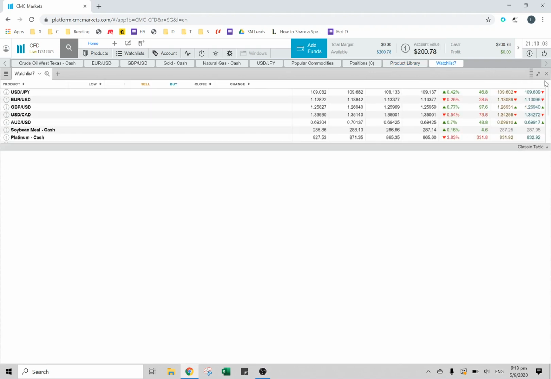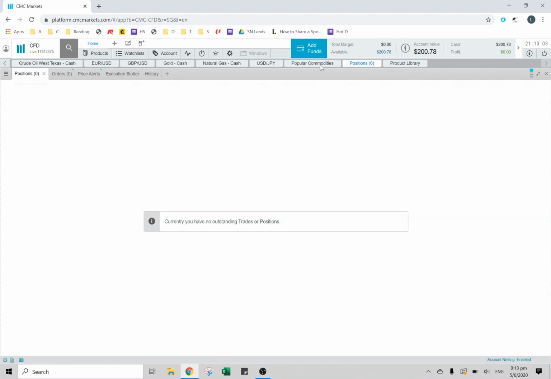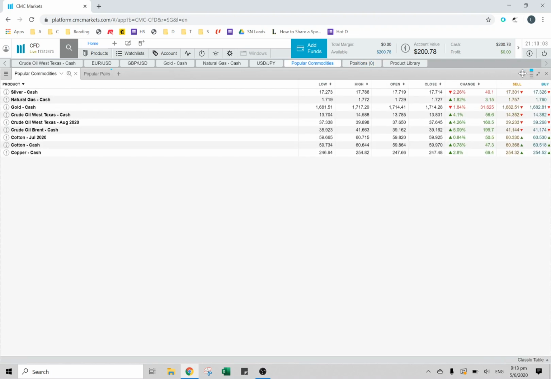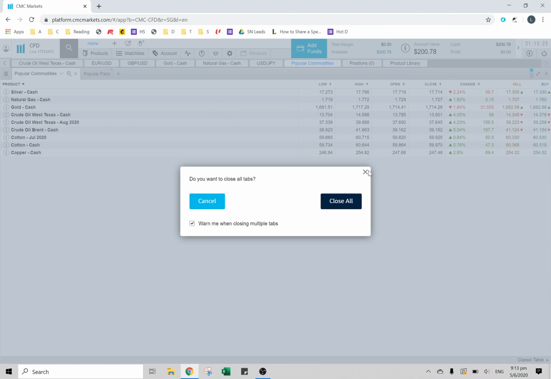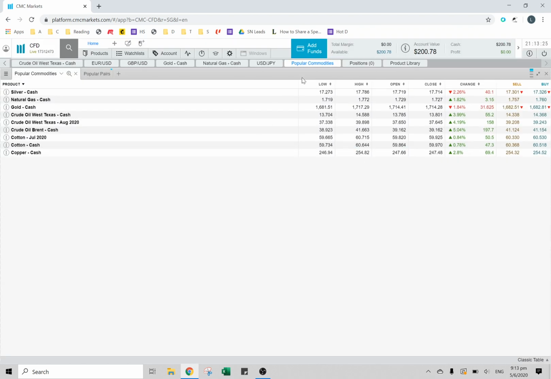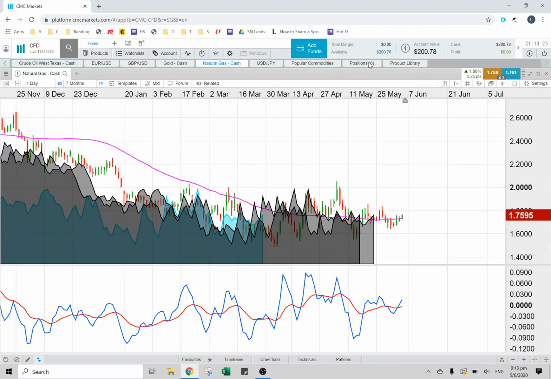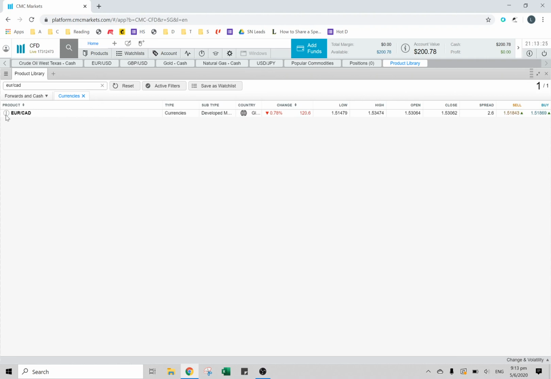So I close this. Watch list. Below commods. I'll close this as well. No, I don't want. Wait, why can't I look at more charts? Is there something wrong?